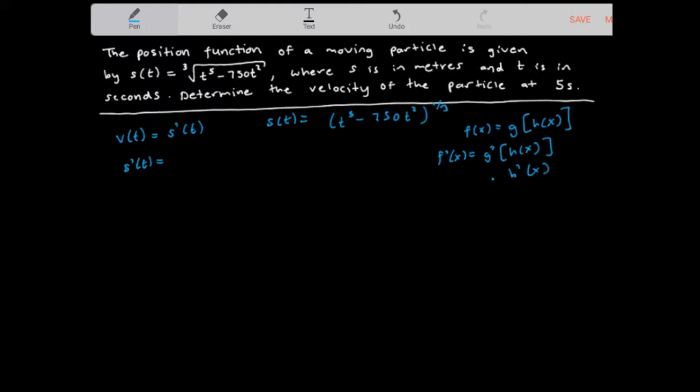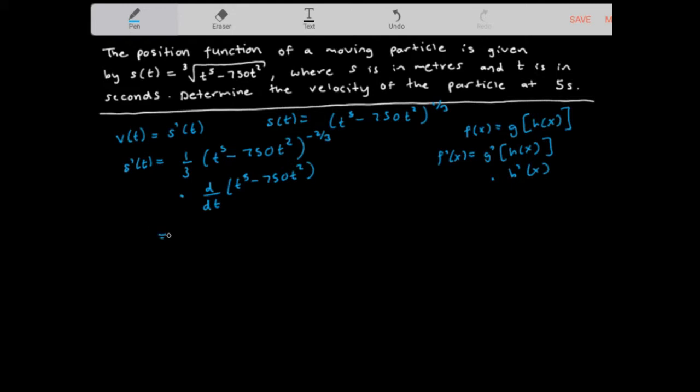So you do the derivative of the outside, so you get 1/3 times t to the power 5 minus 750 t squared, and then you subtract 1 from the exponent, so you get negative 2/3. And then I'm going to do the derivative of the inside, the derivative with respect to t of t to the power 5 minus 750 t squared.